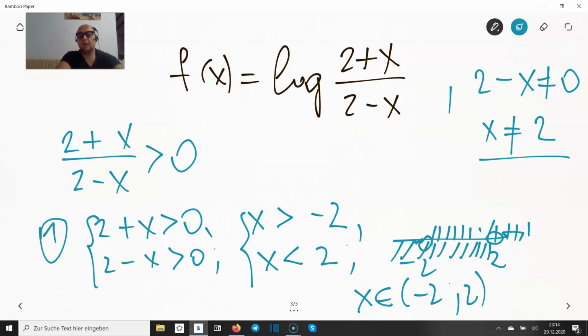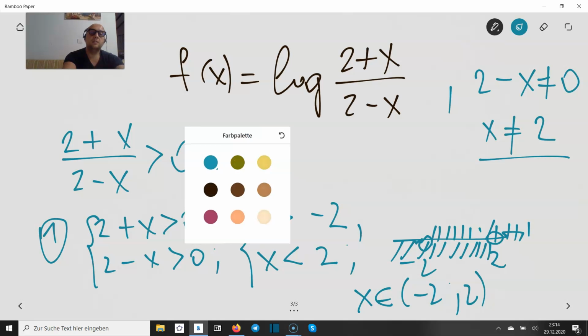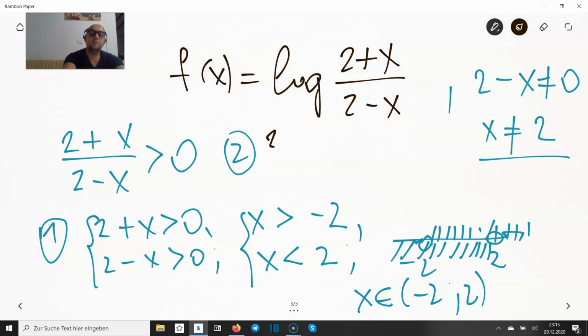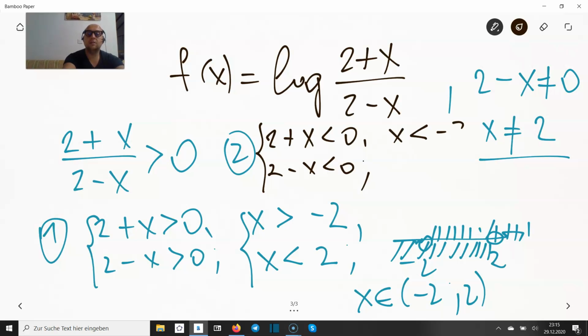This is the domain, but we also have the second case. So that means both are negative. 2 plus x is less than 0, and 2 minus x is less than 0 as well. So what will happen here? That means x is less than minus 2, and x is bigger than 2.